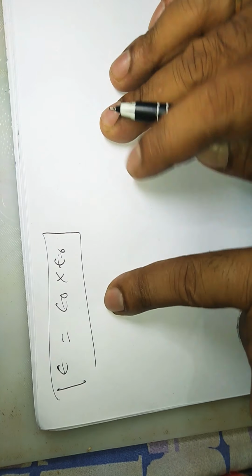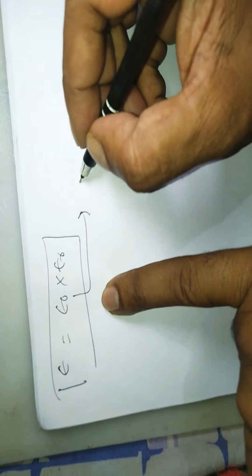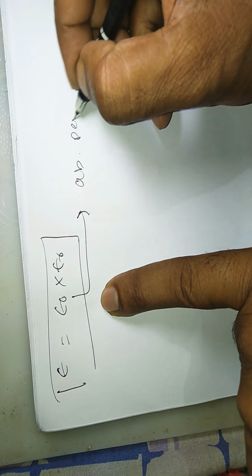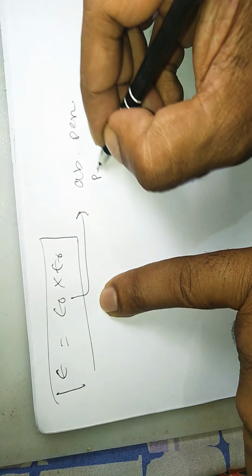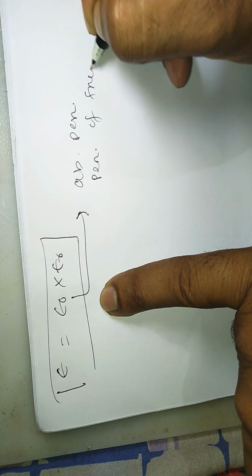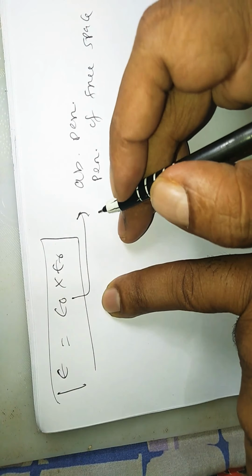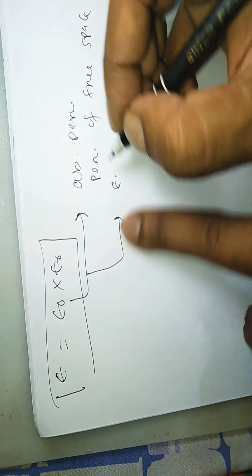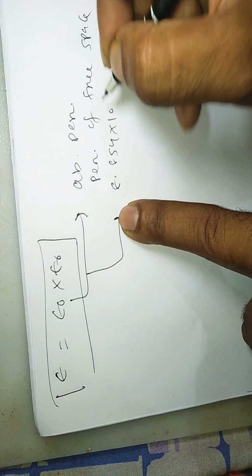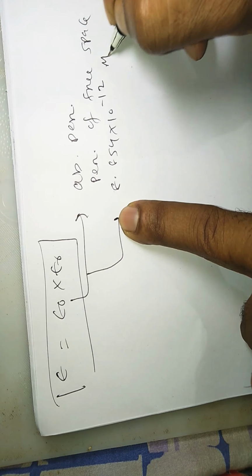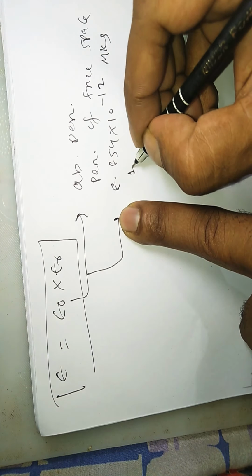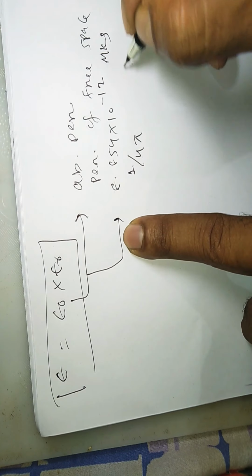Permittivity is epsilon 0 into epsilon r. So what is epsilon 0? Epsilon 0 is a pure constant, called absolute permittivity, or the permittivity of free space, and its value is 8.854 10 to the power minus 12 in MK system, and 1 by 4 pi in CGS system.